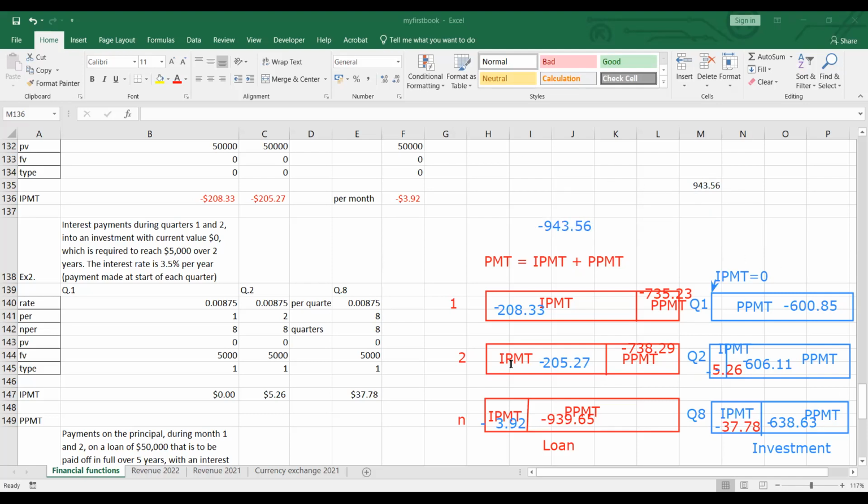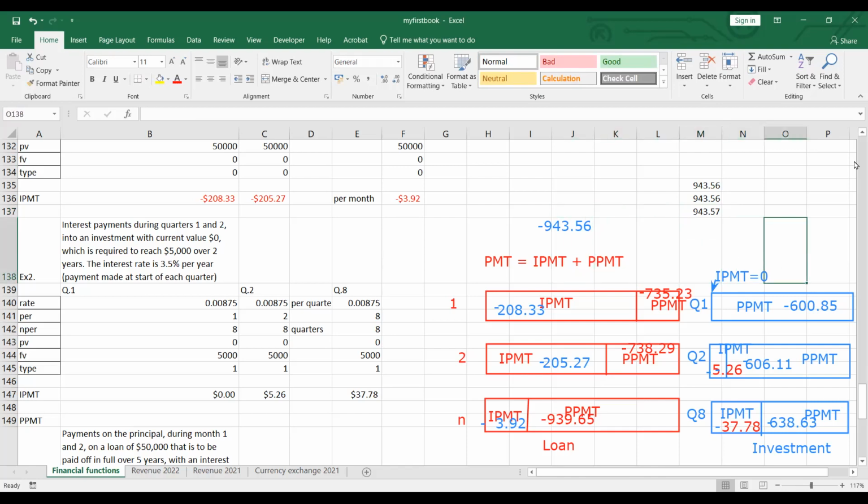For month 2, let's see, I do it again: 205.27 plus 738.29. You can see that I get 943.56. For the last month, month 60, I get 392 plus 939.65. I get 943.57, similar because of a bit of rounding, negative 943.56 as well.